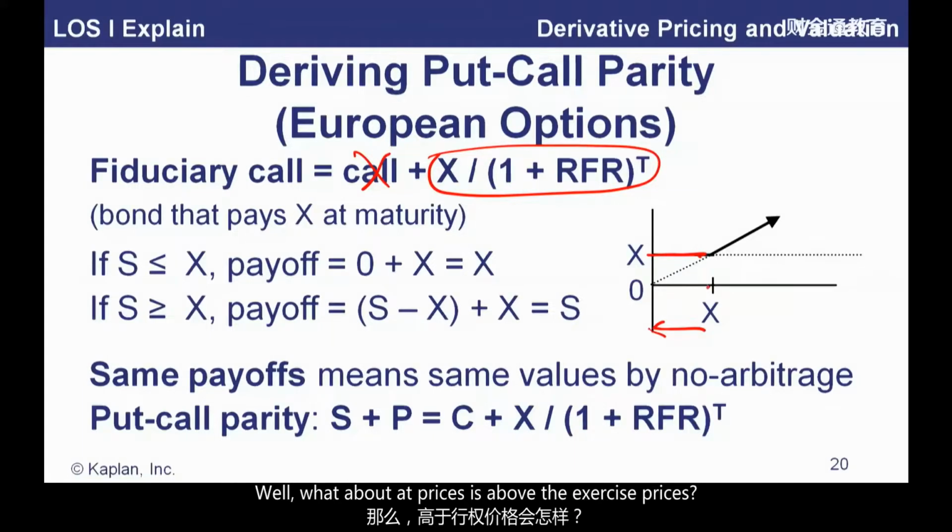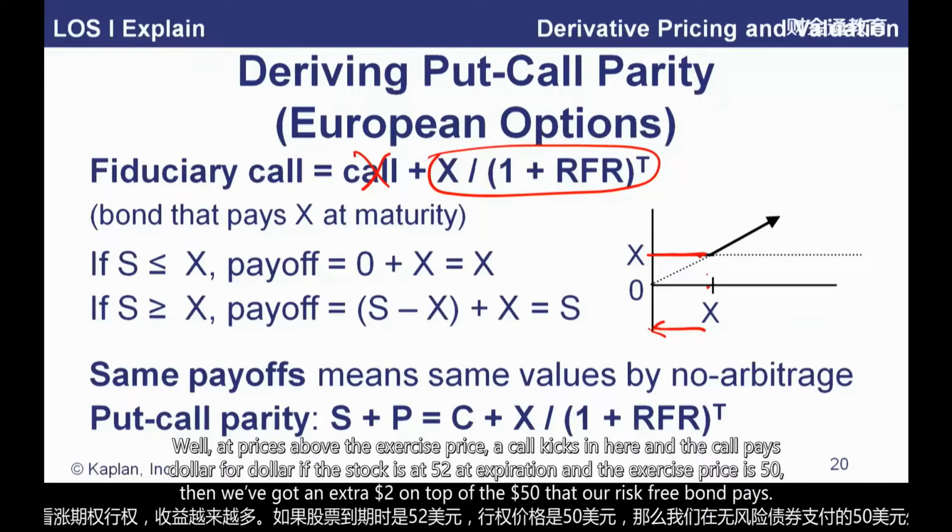Well, what about at prices above the exercise price? Well, at prices above the exercise price, the call kicks in here, and the call pays dollar for dollar. If the stock is at 52 at expiration and the exercise price is 50, then we've got an extra $2 on top of the $50 that our risk-free bond pays us.